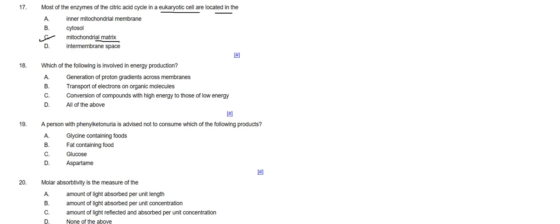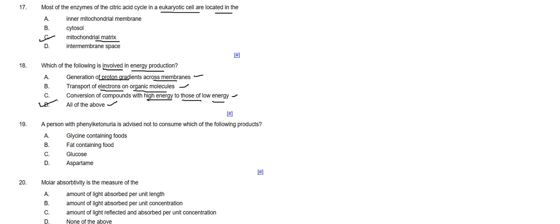Okay, which one of the following is involved in energy production mechanism? So generation of a proton gradient across a membrane, it produces energy. Transport of electrons on organic molecules, it also produces energy. Conversion of compounds with high energy to those of low energy. This also is involved in energy production. So all of these statements are involved in energy production.